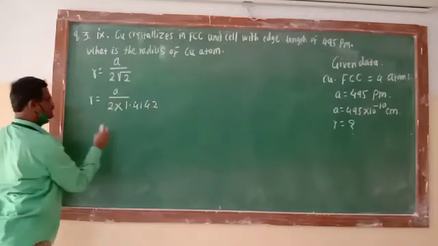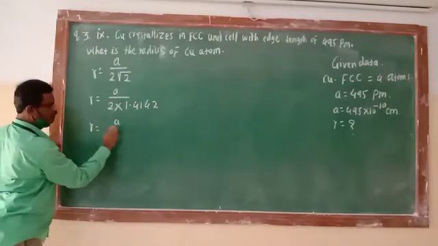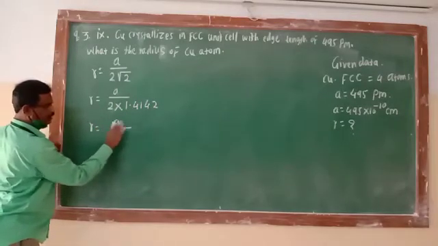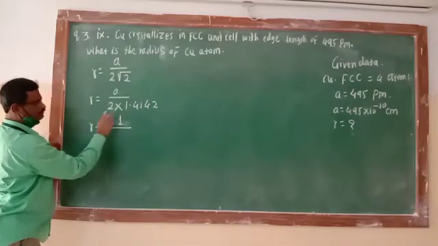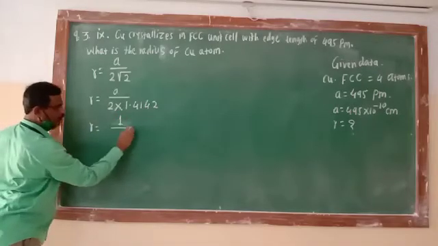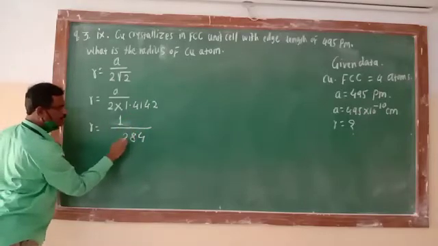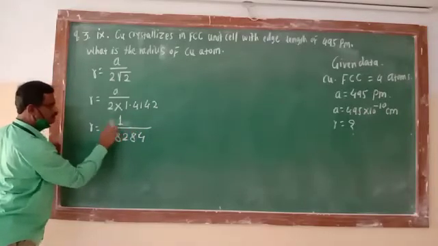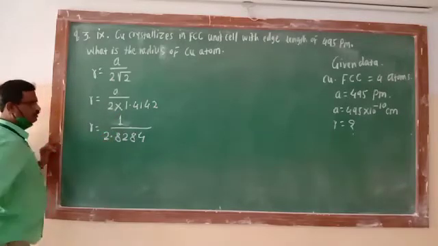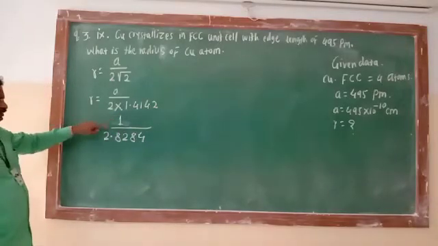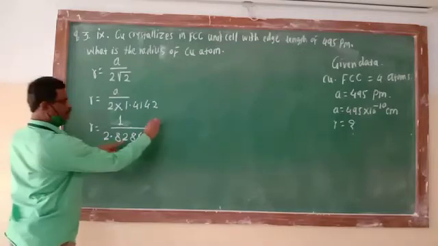If we solve this, r is equal to a upon 2.8284, that is 1 divided by 2.8284 into a.